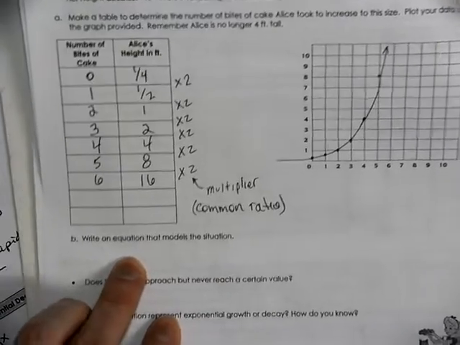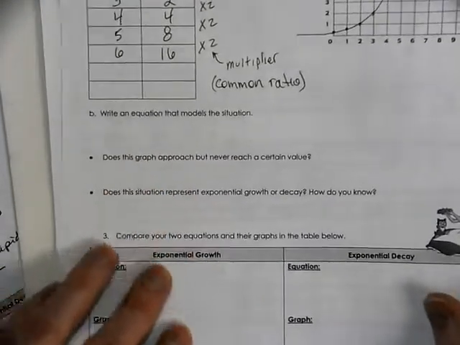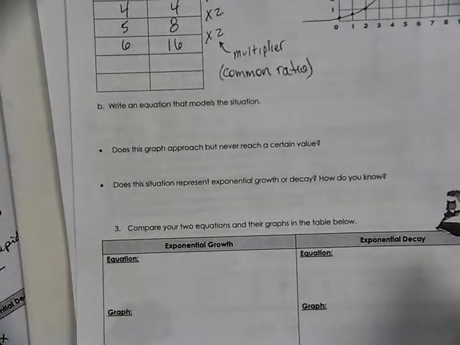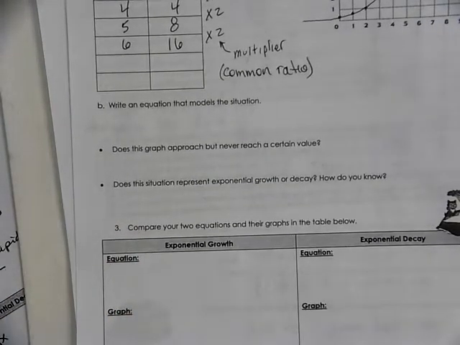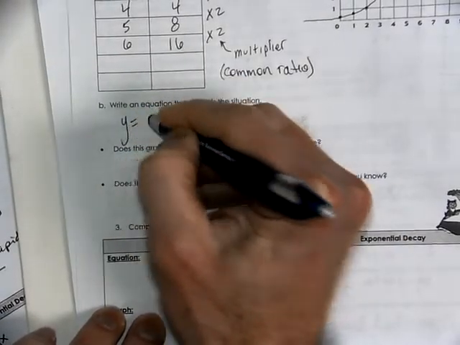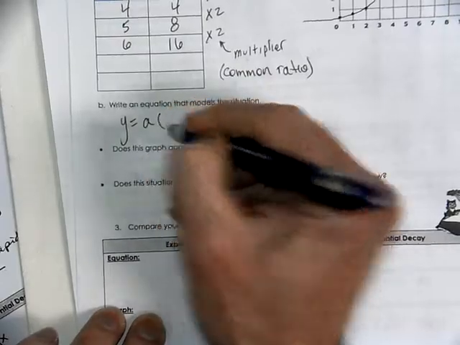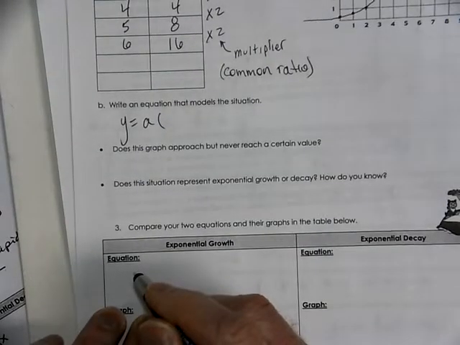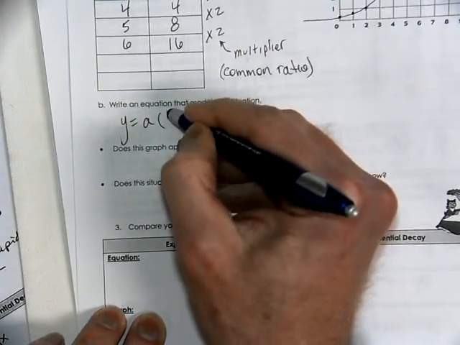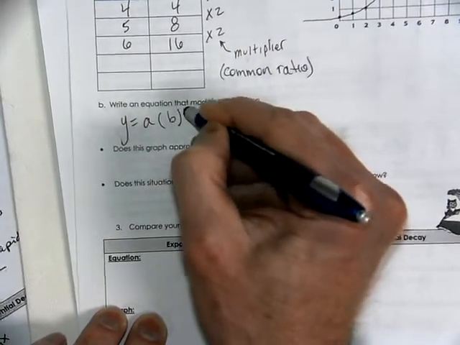So write an equation that models the situation. What do we need to know to write an equation? Need to know an A value where you're starting at, the y-intercept, and you need to know your common multiple.